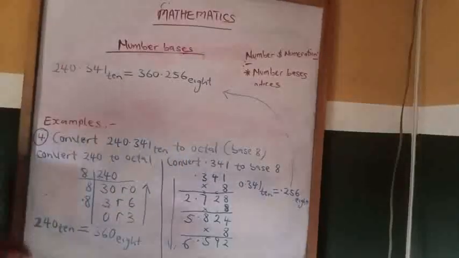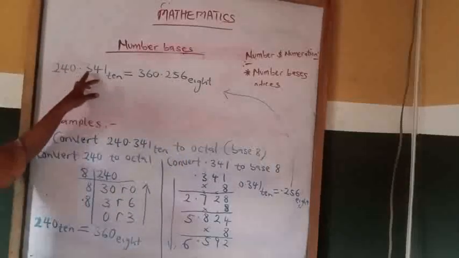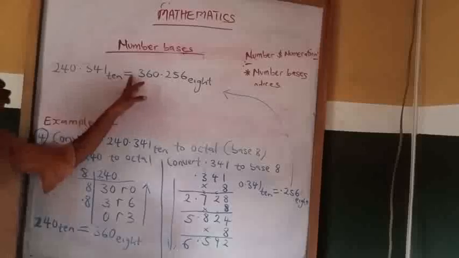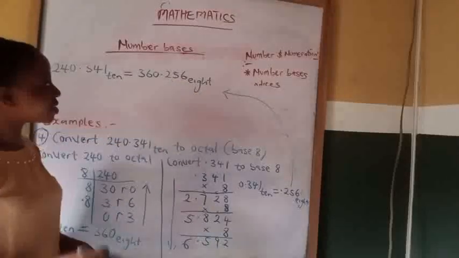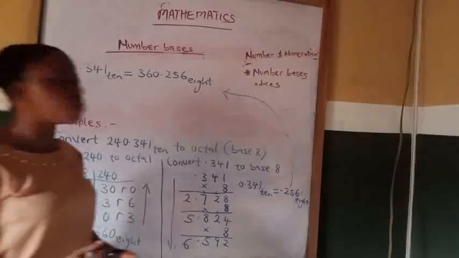So 240.341 base 10 equals 360.256 base 8. So this is where I'm going to stop for today.